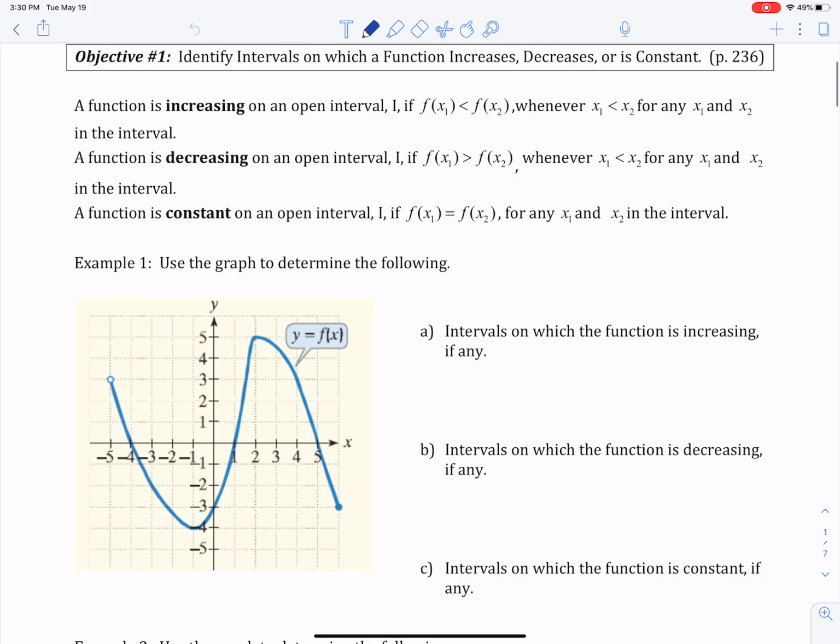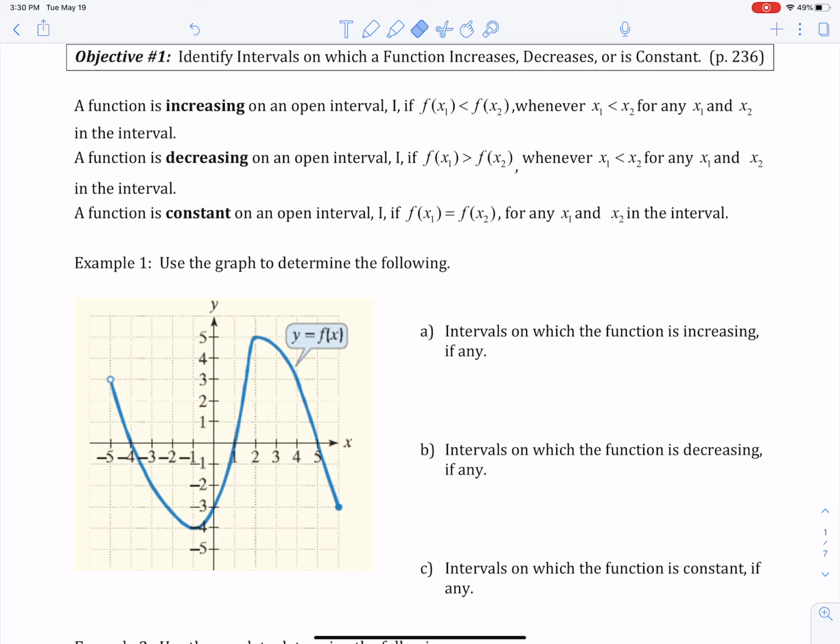Let's say this would be x sub 1 and this would be x sub 2. If I'm looking in the increasing direction, and the function value at the first x is less than the function value at the second x, then the function is increasing.